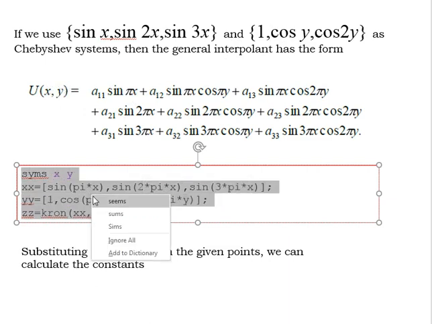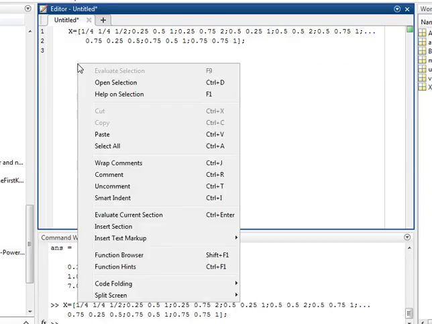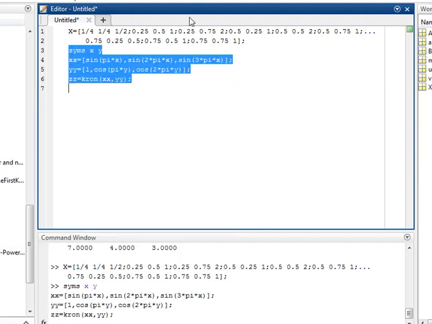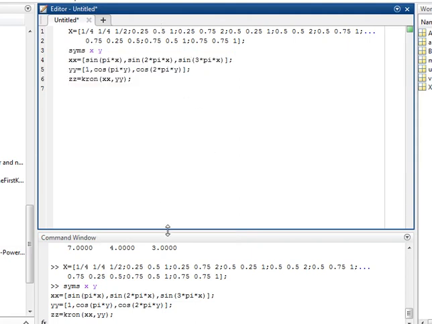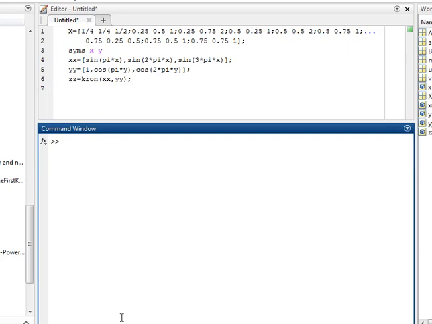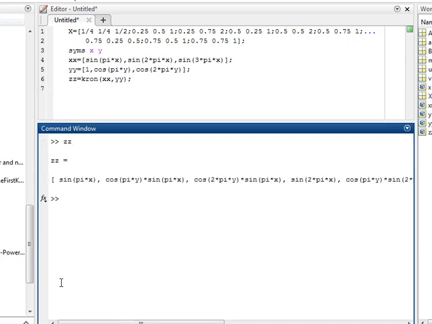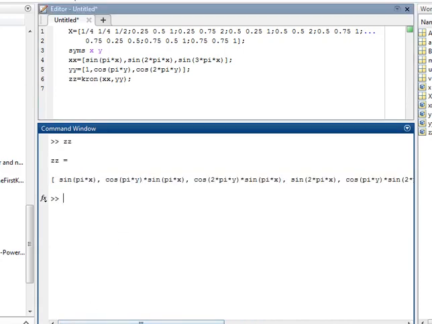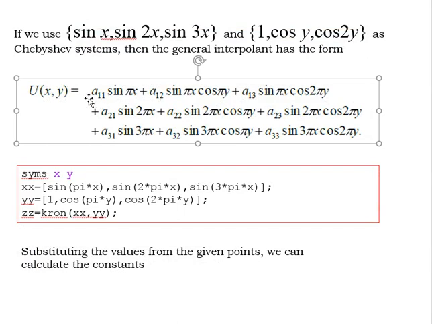If we take these two lines of code and execute them, it takes CLC, clear command window, and Z has this form, the same form as here, uxy, and we have to determine these constants a in the following section.